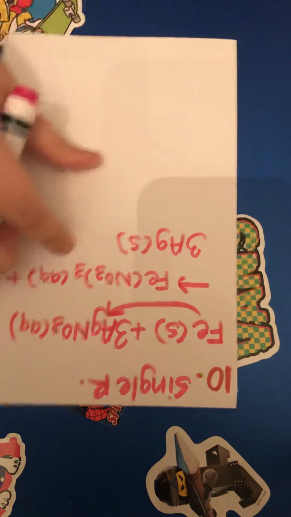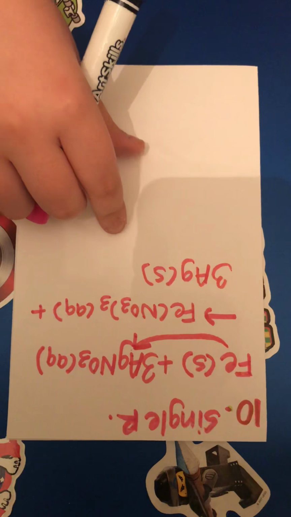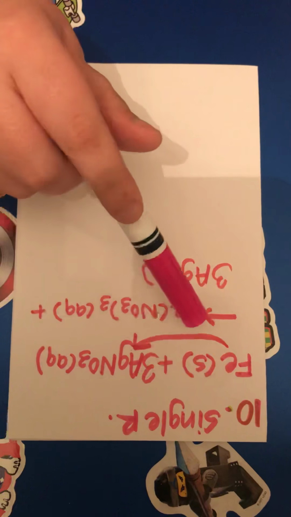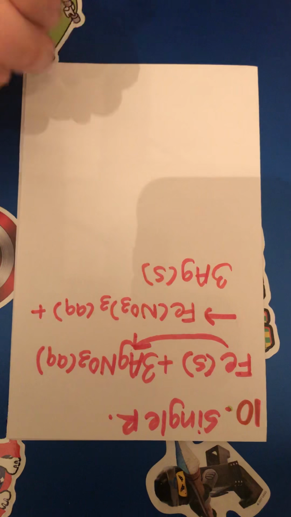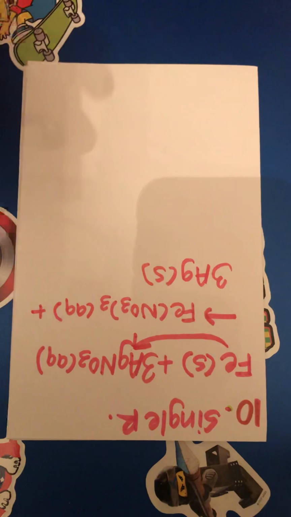So you will have to look at your activity series just to see, if you have an element plus a compound in a single replacement reaction, whether or not it can replace it, because some elements are so reactive that other elements can't replace them in a reaction, so then there would be no reaction. But in this case, a reaction does happen, and the iron does replace silver.